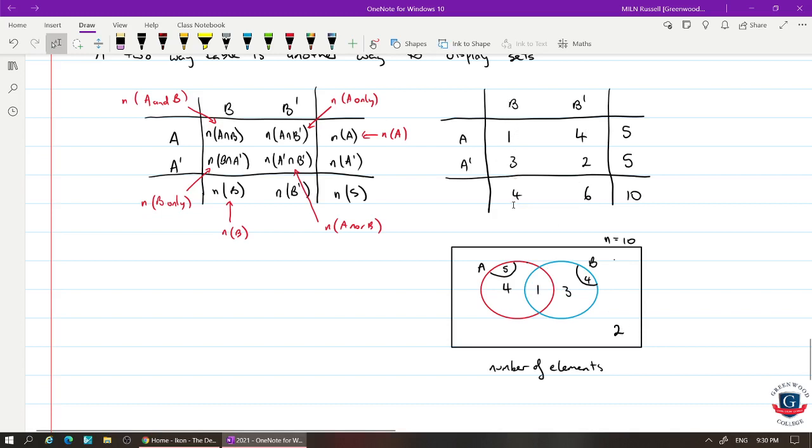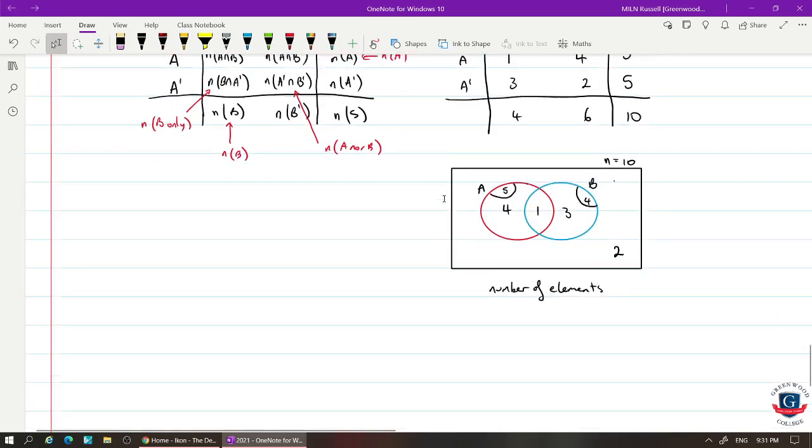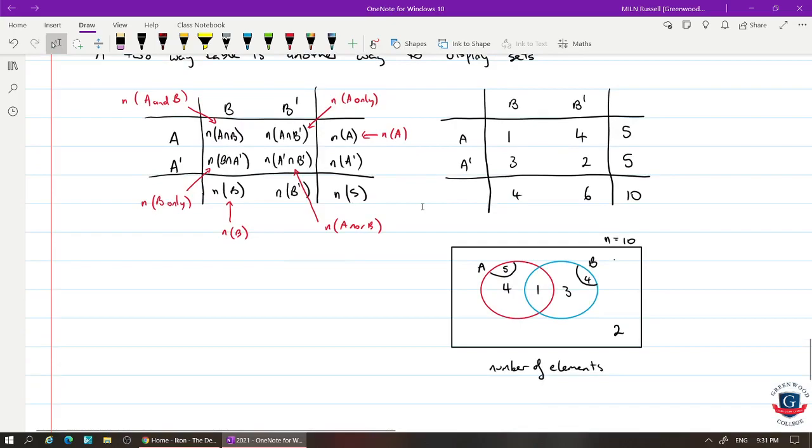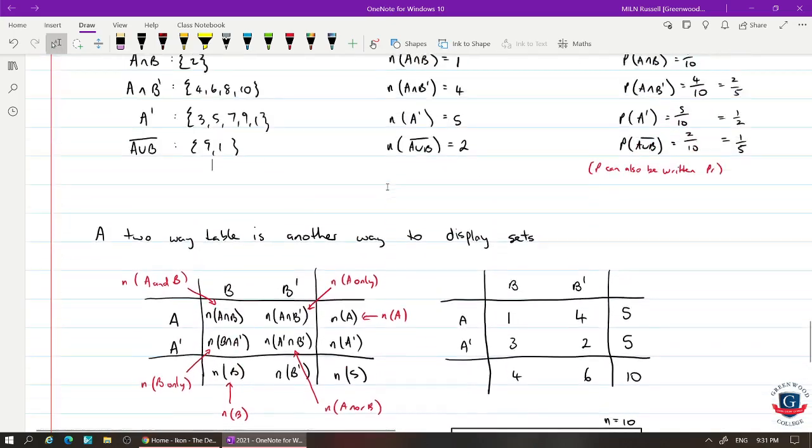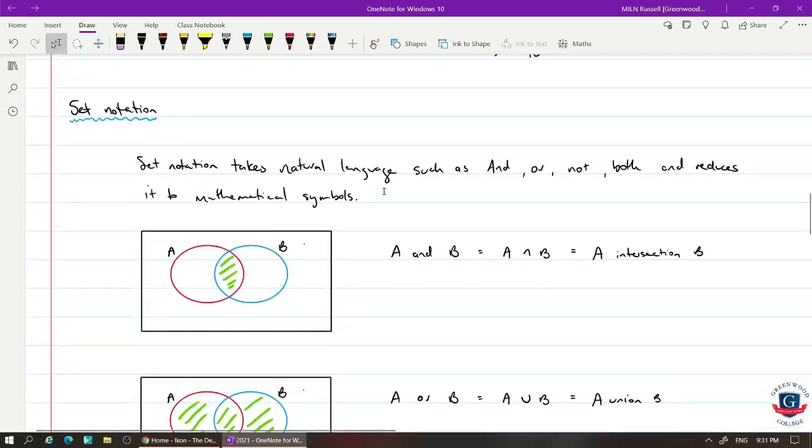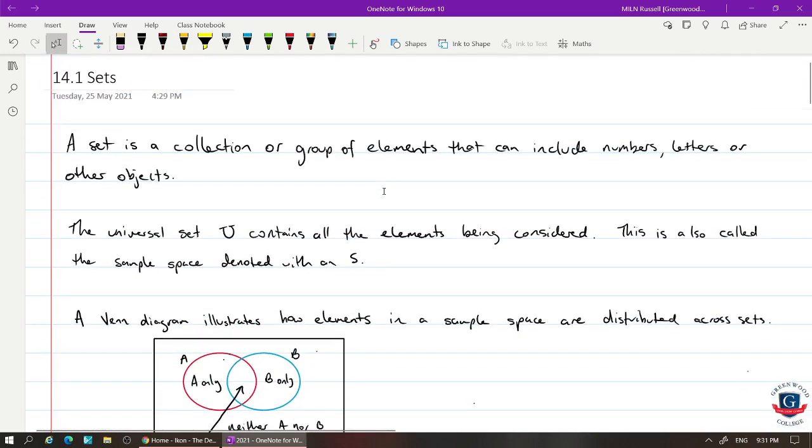The count for all of B is there, the count for all of A is there. Quite easy to work with, a little bit harder to explain. And that's a brief summary of sets, and it will help when you're attempting the exercise.